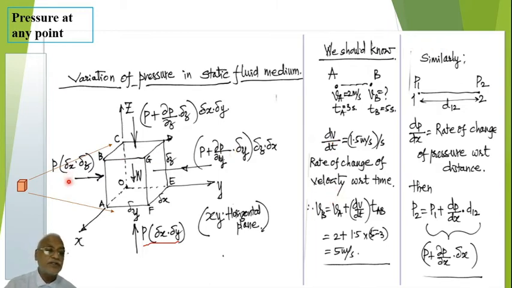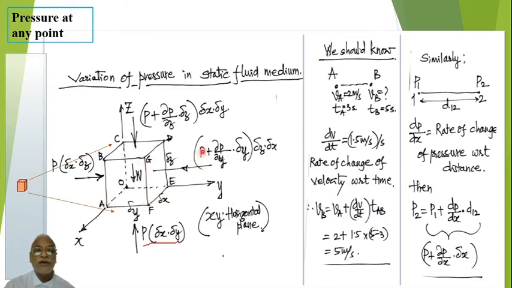So considering the same, coming back to this point, the pressure on this face is P, and the pressure on the point which is at a distance of delta y, if you observe here, we have moved a distance of delta y along the axis.